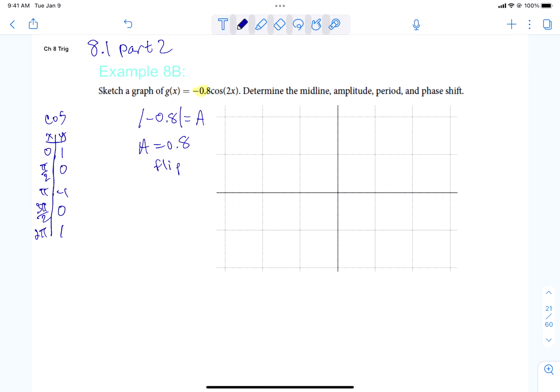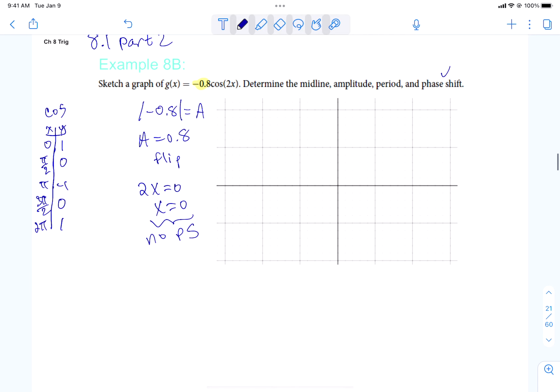Okay, next. Let's talk about phase shift, vertical shift, all those shifts. If there was a phase shift, it moves it left or right. So you set the inside parentheses equal to 0 and you solve. So there is no phase shift for this graph.